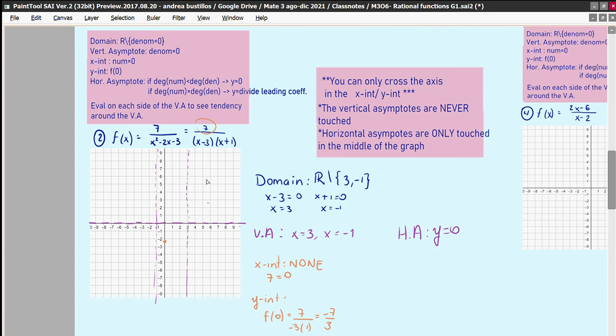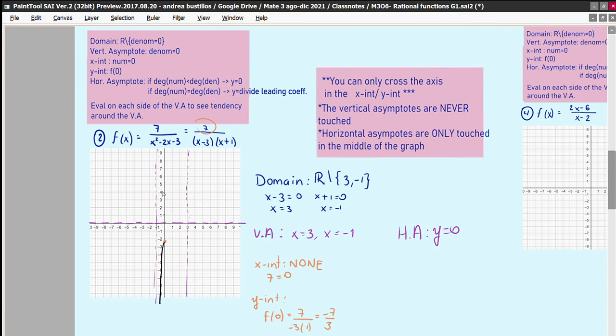The vertical asymptote on the left side is at x equals -1. So at x equals 0, I know that my function is -7/3, meaning that, because the value of the function is negative, the function has no other way but to go to negative infinity.